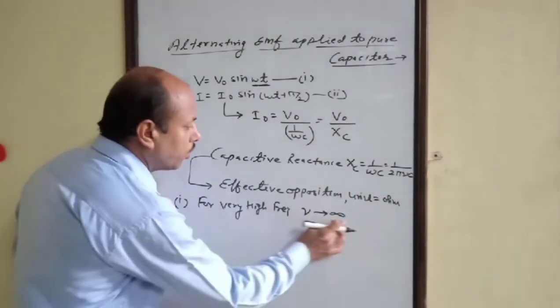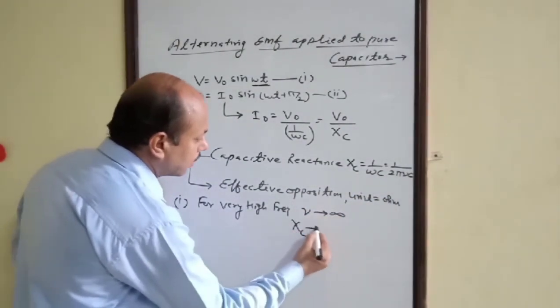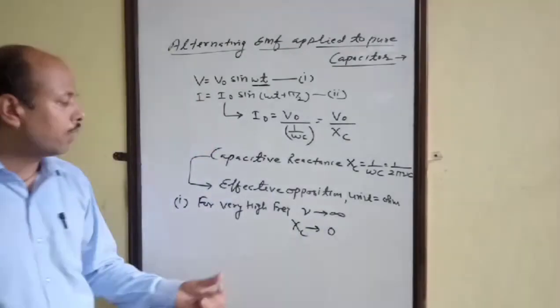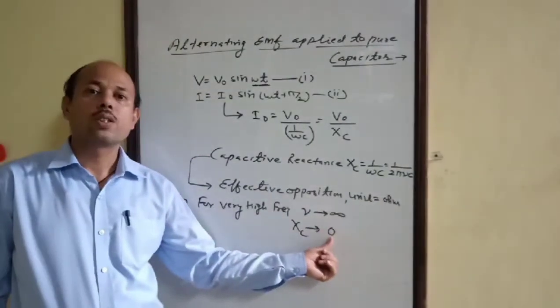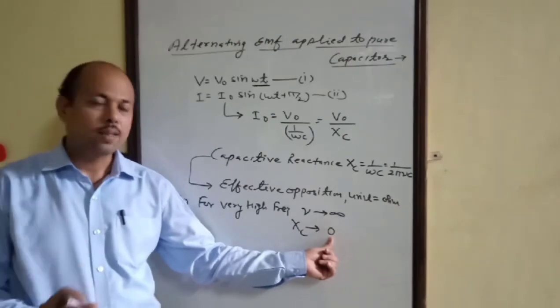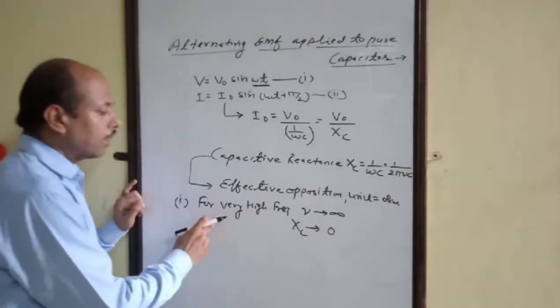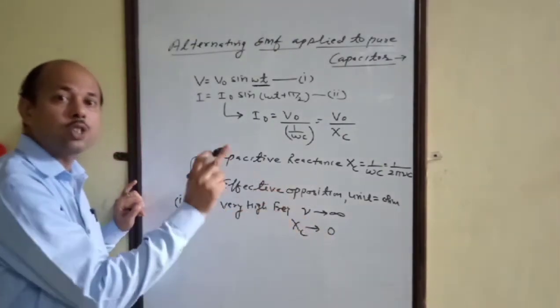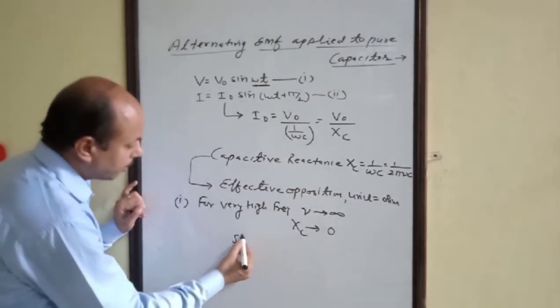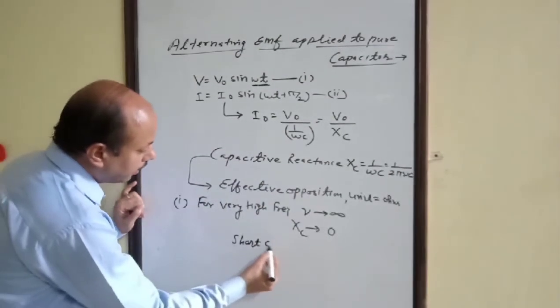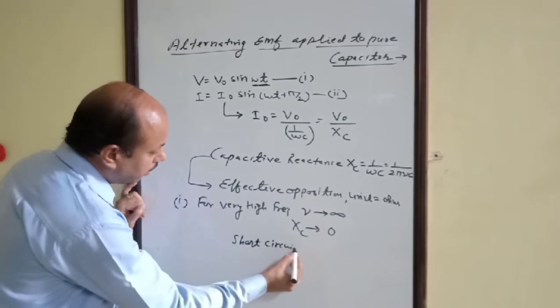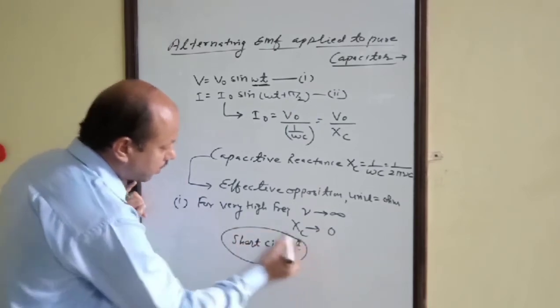It means for nu tends to infinity, Xc tends to 0. It means effective opposition becomes 0. Hence, we can say that a capacitor behaves like a short circuit at high frequencies.